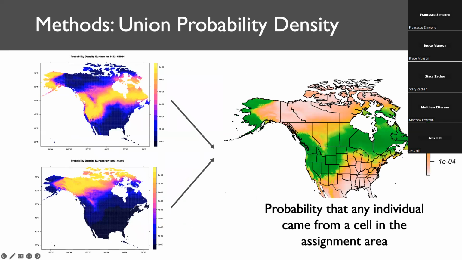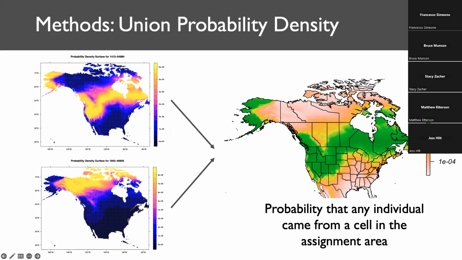So to simplify all of those maps and to view them more easily, we took all of those individual probabilities and combined them together for each species. The maps that we're going to look at next show the probability that any individual came from a cell in the assignment area, and this is going to be on a species by species basis.